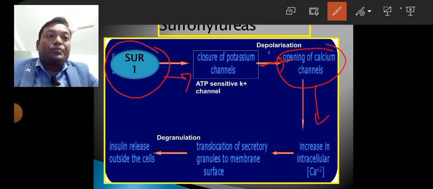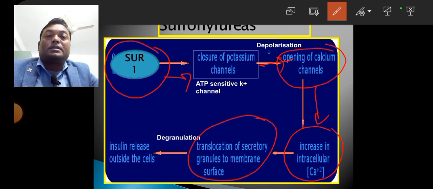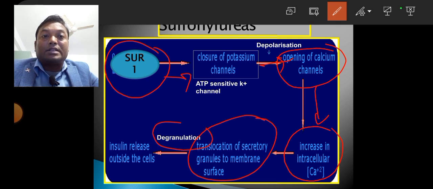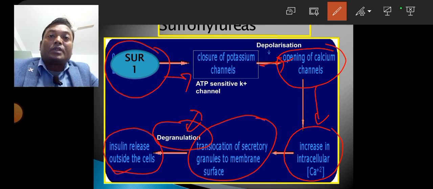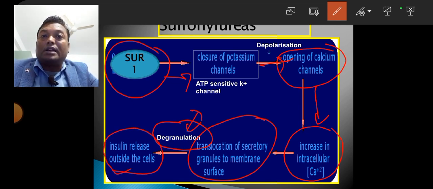This leads to increased intracellular calcium influx, causes translocation of secretory granules to the membrane surface, leading to degranulation, and because of this degranulation, insulin is released outside the cells. In this way sulfonylurea acts in our body.